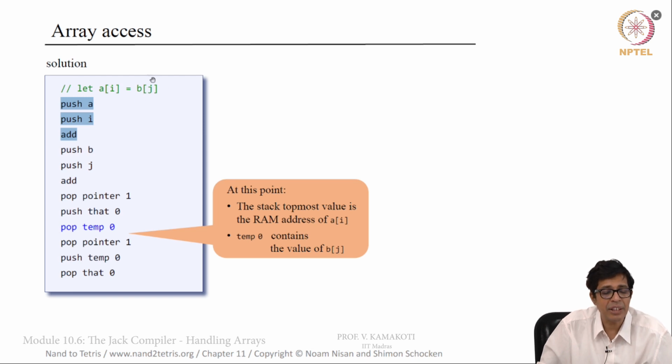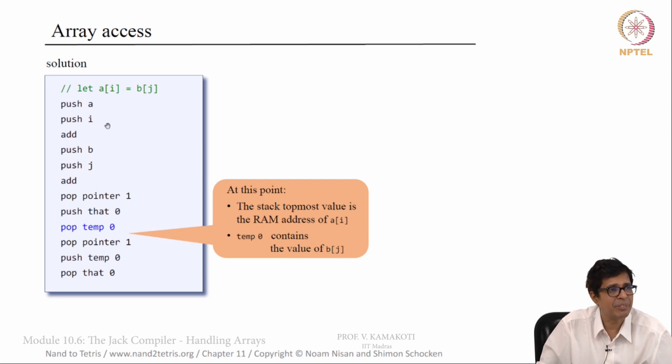The address in which I have to store B of J. Similarly, push B, push J, add, this will tell you the address of B of J, pop pointer 1, and push that 0, which will get you the value of B of J. This value of B of J, I pop it to a temporary location, pop temp 0. Now what will be on top of the stack?